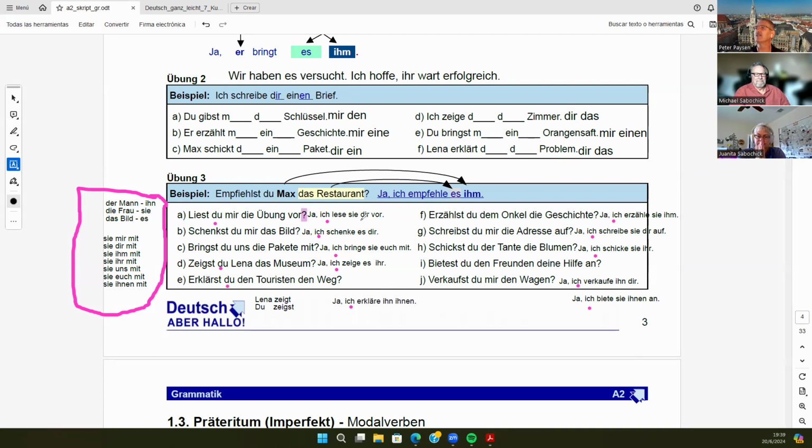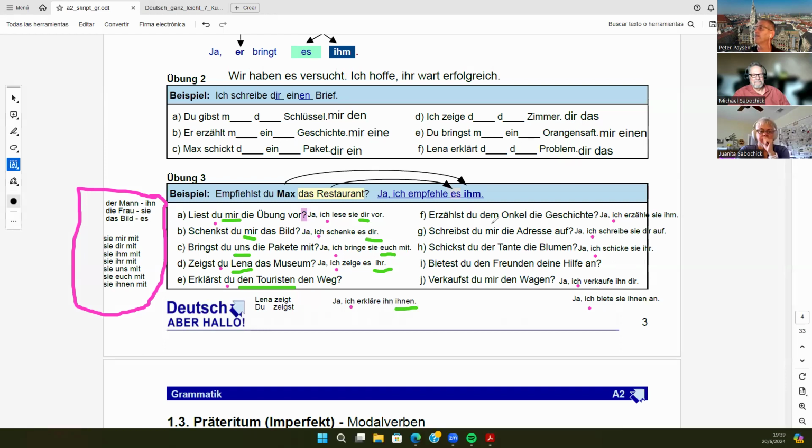Are you reading it to me? Yes. So now we go from me to you. From me to you. From us to you all. From Lena to her. And then the tourists, ihnen.